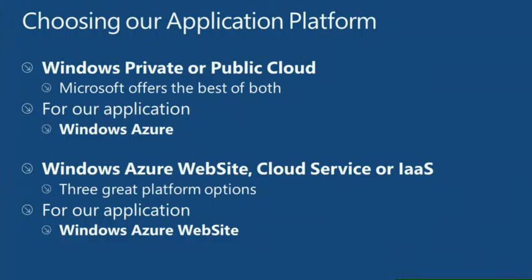For this particular session, we are going to focus on the public cloud, so we did pick Windows Azure for that. And while that's one level of the decision we had to make, even within Azure, there's 3 different ways we could have chosen to deploy this particular application.